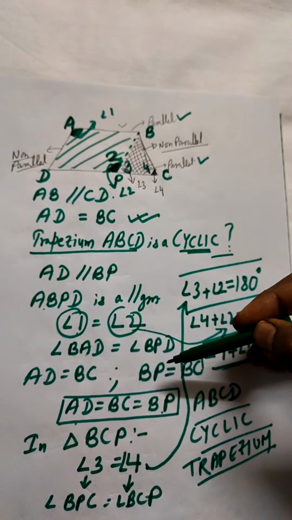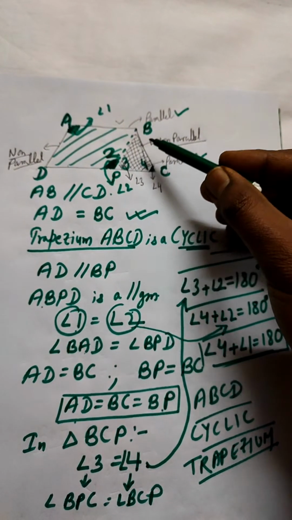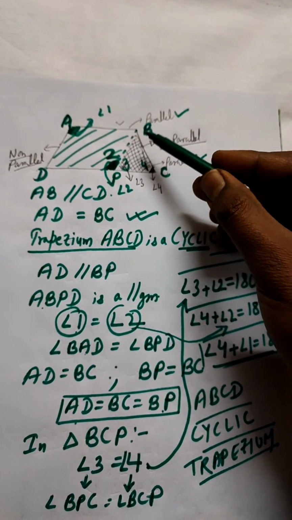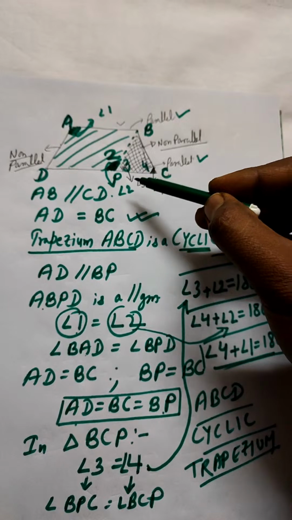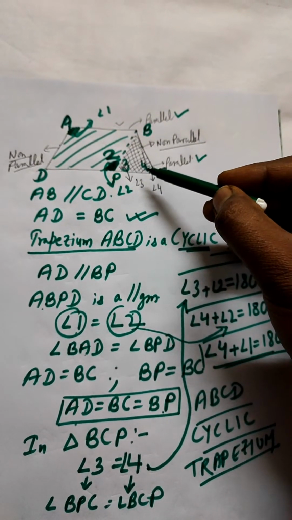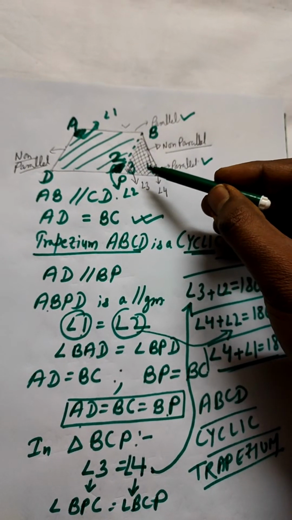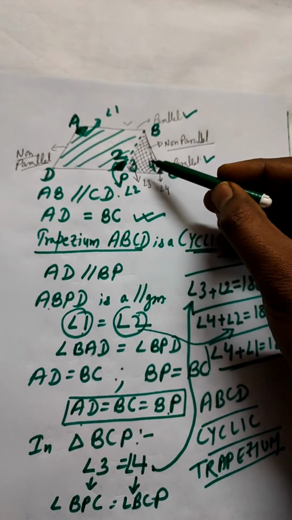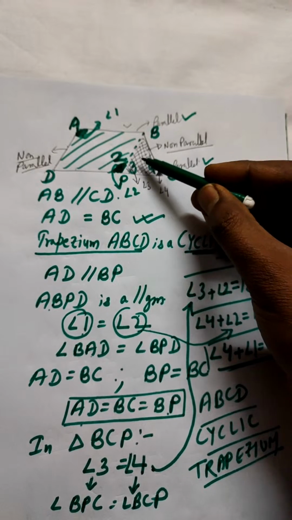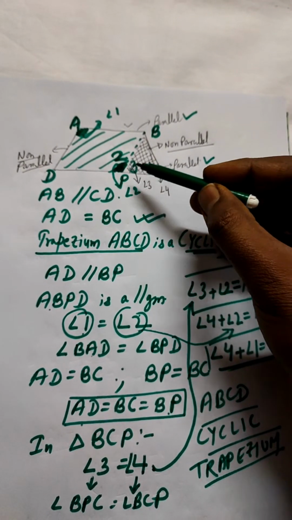After that, if BP is equal to BC, then in triangle BCP angle 3 is equal to angle 4, right? Why? We know that in a triangle, the angles opposite to equal sides are equal.